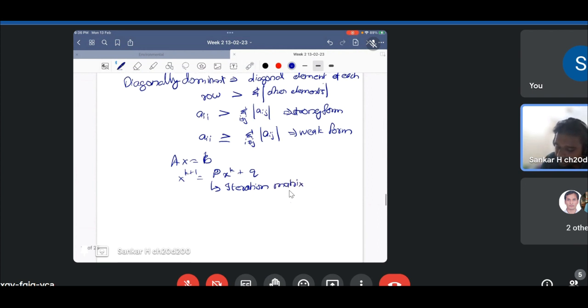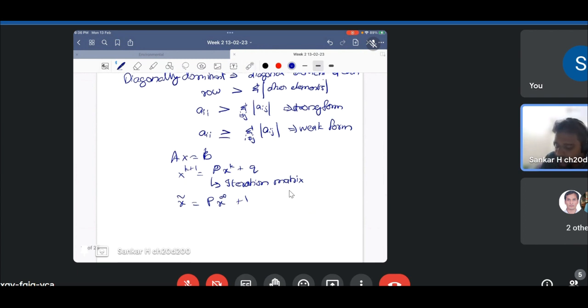After infinity iterations, we'll get the exact solution, so x(k+1) is P x(k) plus q in the limit as k tends to infinity.